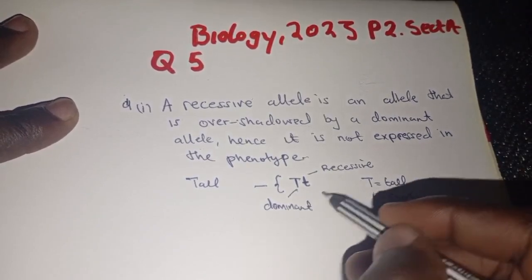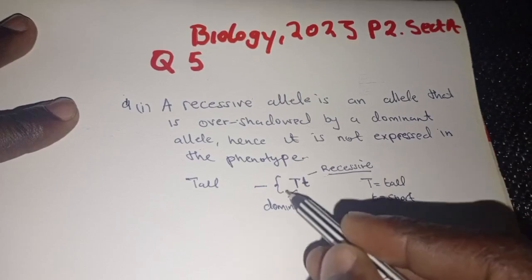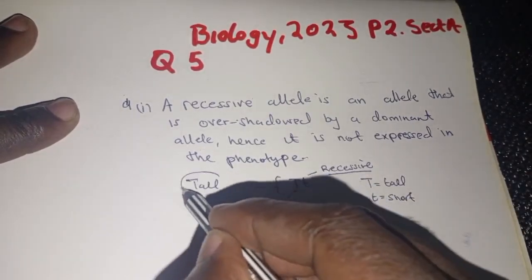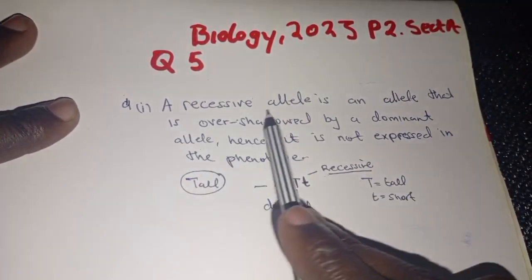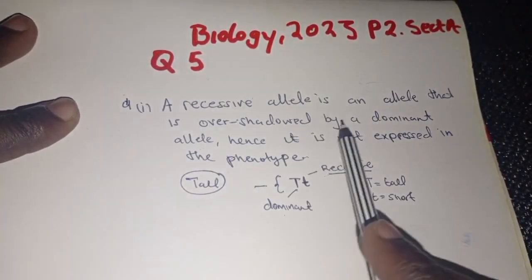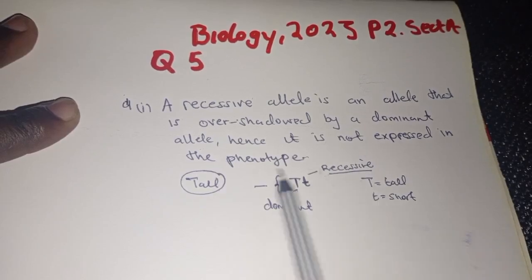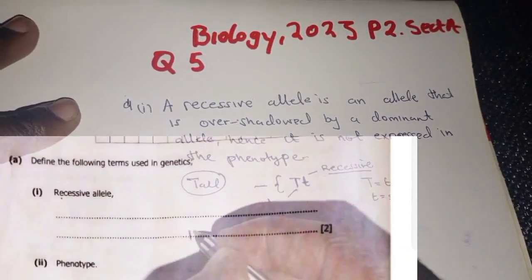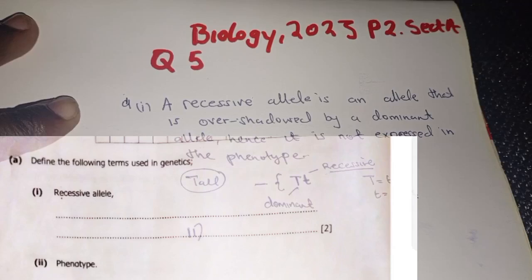The reason is that it is recessive and this one is dominant, so what is expressed is only tallness. So a recessive allele is an allele that is overshadowed by a dominant allele, hence it is not expressed in the phenotype.